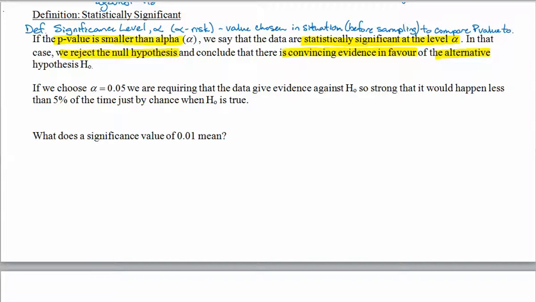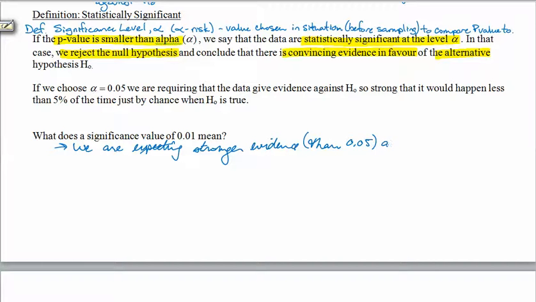So we then want to know what a significance value of 0.01 would mean. Here we would be expecting even stronger evidence than the 0.05 against the null hypothesis.